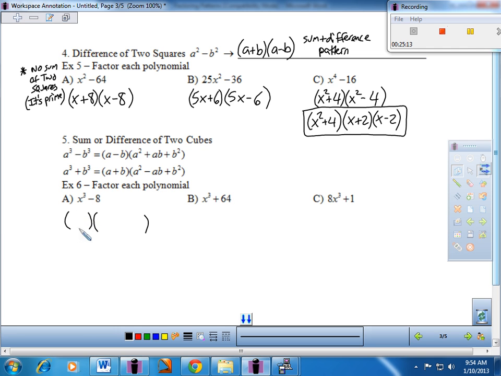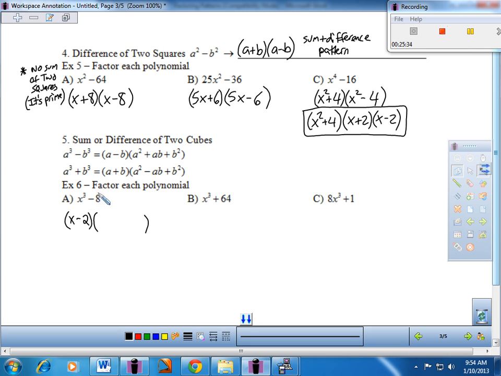So for the most part, this is going to be pretty straightforward, because all you're going to ask yourself is, what cubed would give me this? Well, obviously x. What cubed will give me that? Obviously 2. And if that's a minus, this is a minus. And so the linear part to this is x minus 2 from here.